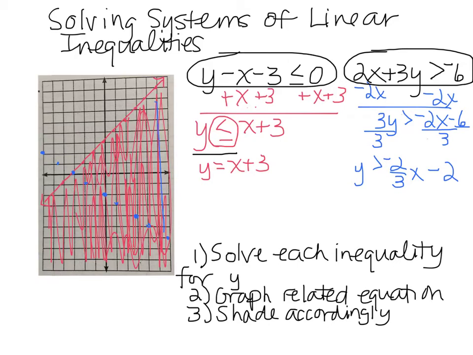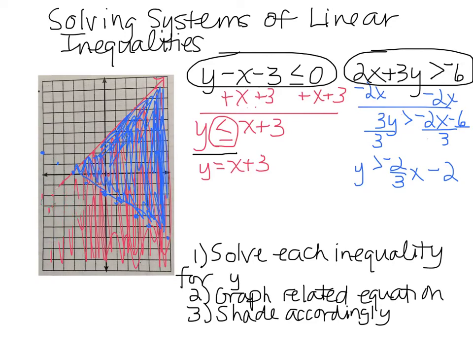Now, since I've already shaded the red, we're looking for the part that overlaps. So you can pretty well see this, that this is the space that overlaps. And in fact, if I pick any of the points in this region and plug the coordinates into each of these inequalities, I will get the actual answer.